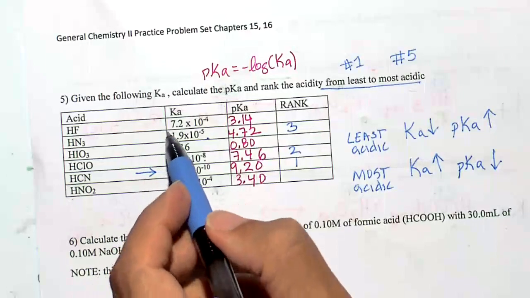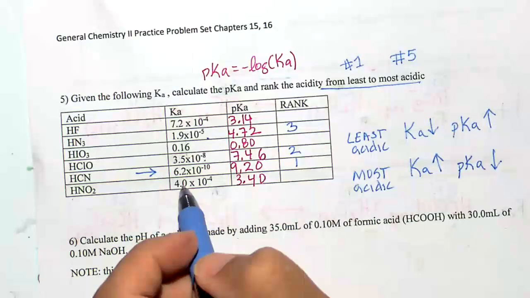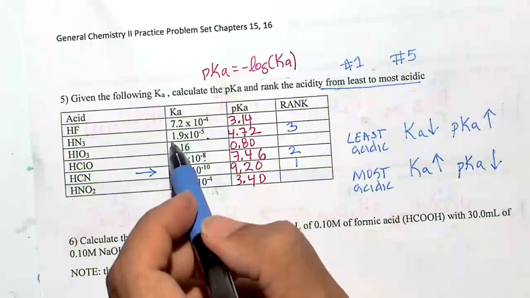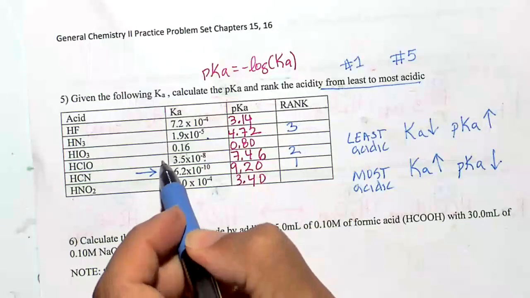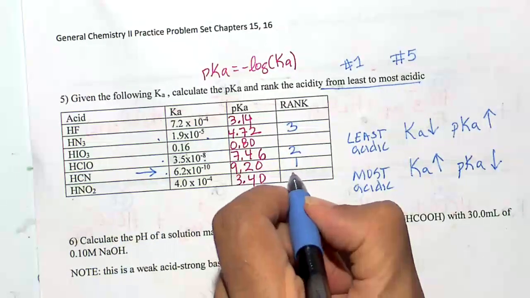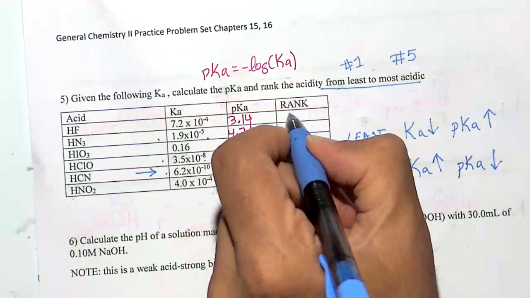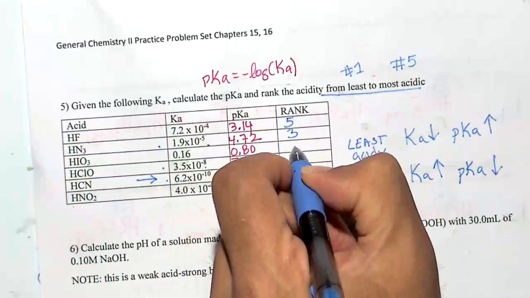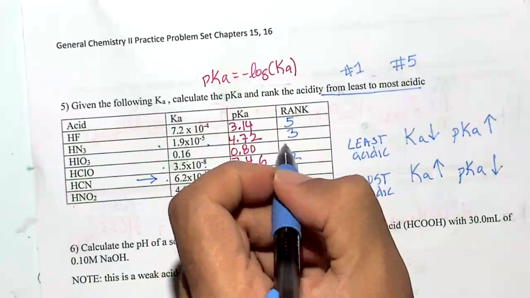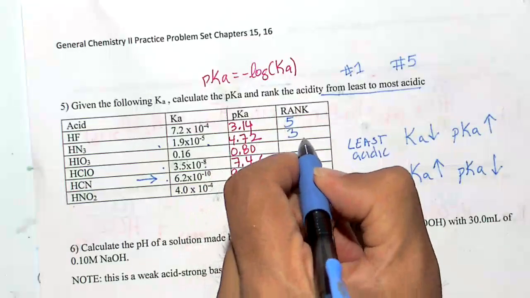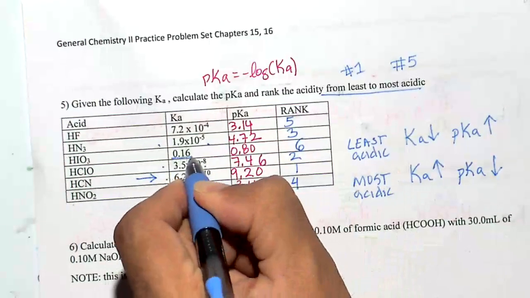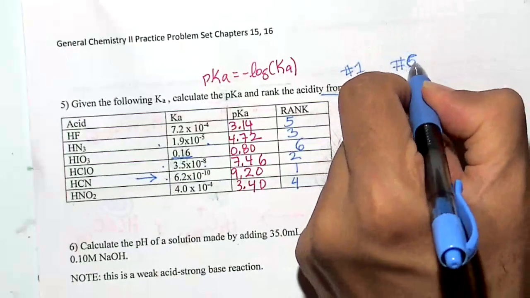And then what's next up here? 7.2 or 4. Least acidic, so low, low, low. This one is the next lowest, this one is the next lowest, and this is 1, 2. This is the highest, number 6.